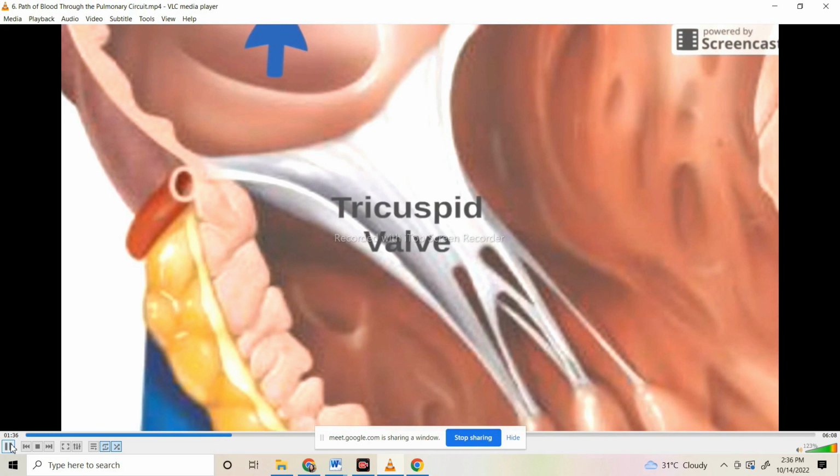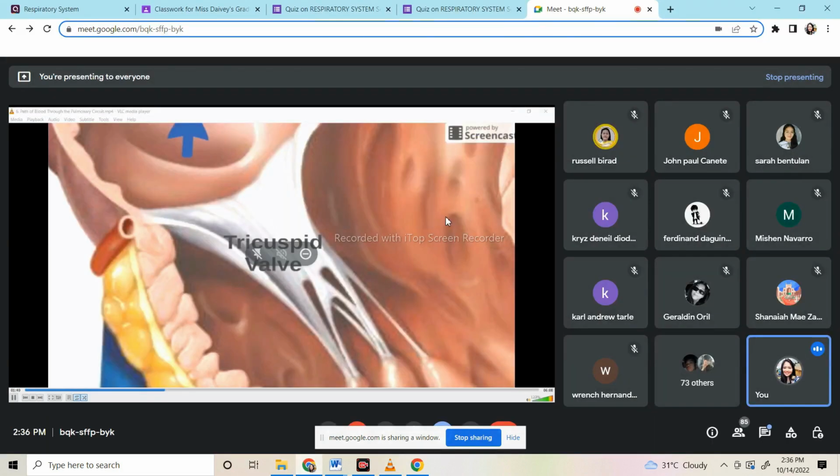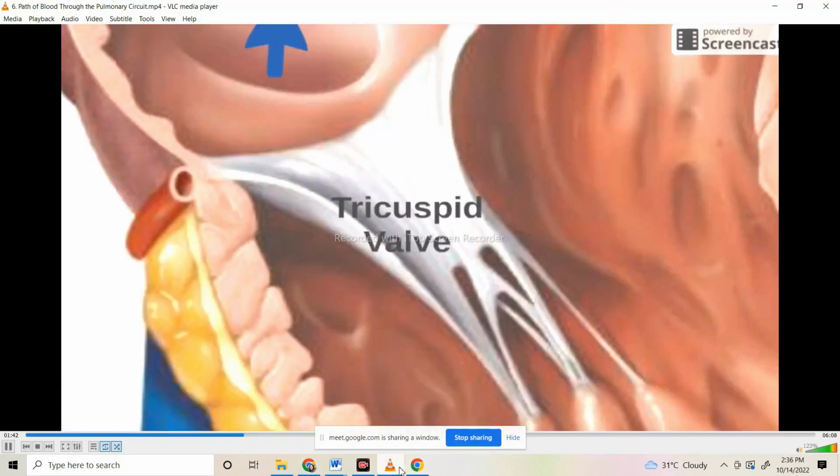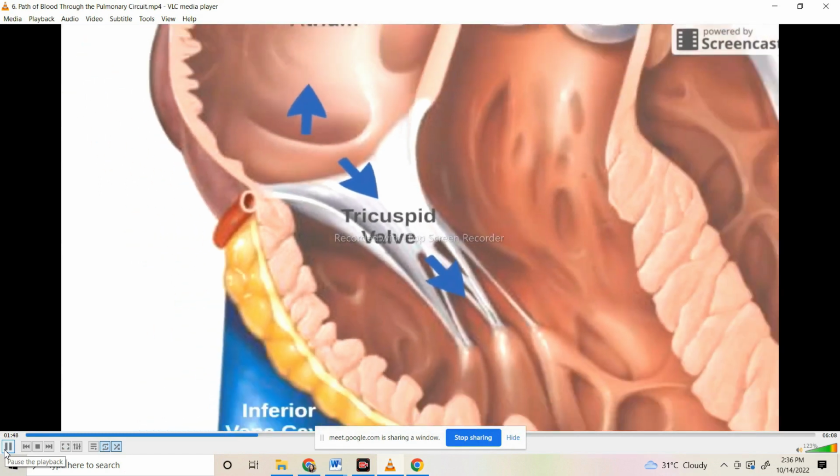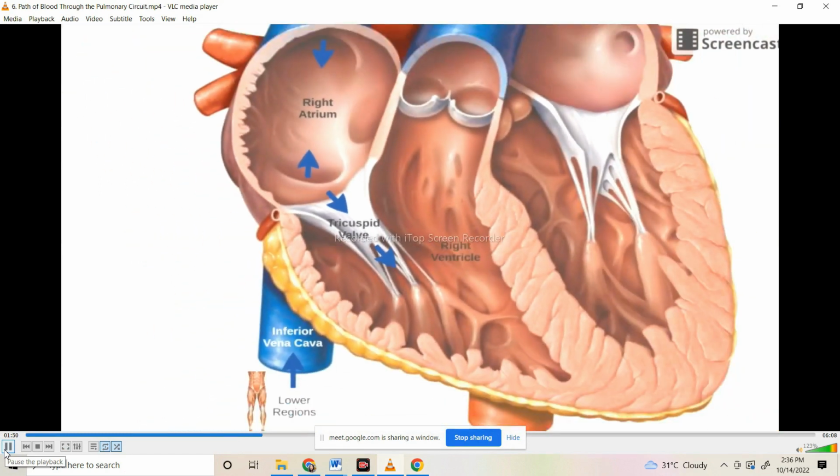The tricuspid valve is like a gate that is either open or closed depending on the phase of our heartbeat. When it is closed, blood is trapped in the right atrium. When it opens, blood flows past the tricuspid valve and into the right ventricle. When blood is in the right ventricle, the tricuspid valve slams shut so that the blood is trapped in there.